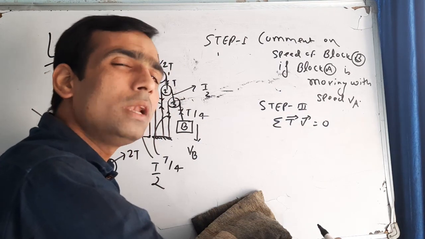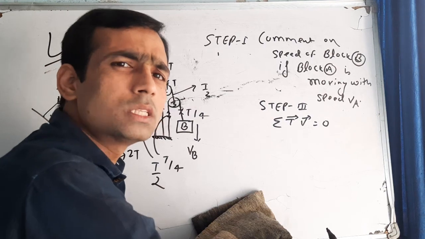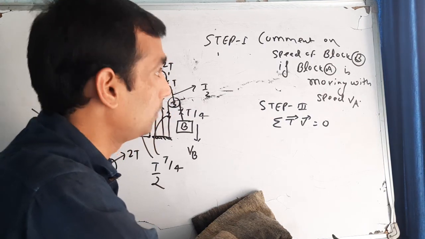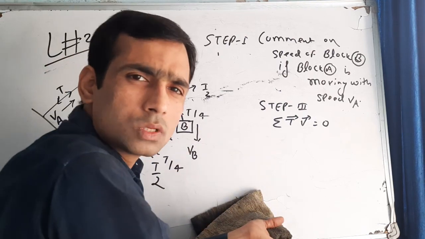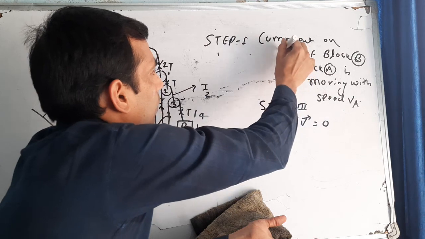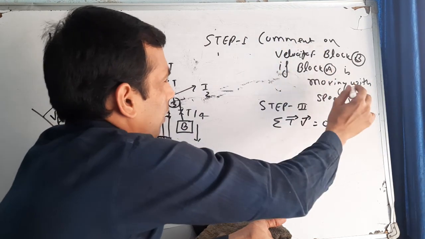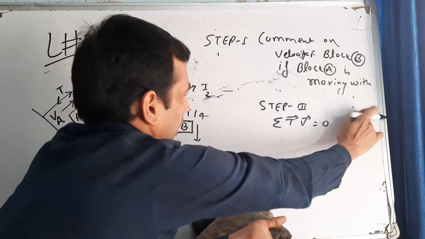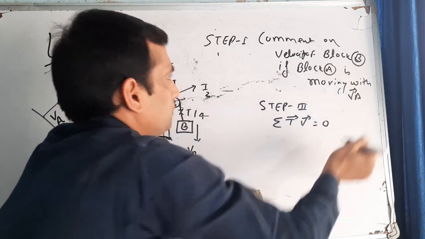You can say velocity, not speed. I have written speed here, but since direction is mentioned, of course this is velocity. You can erase speed and write velocity.